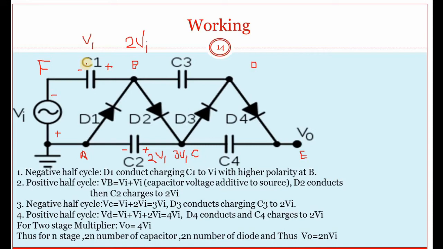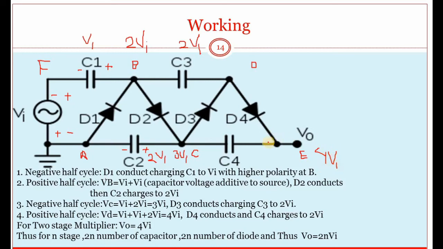Now in the next positive half cycle, the supply is Vi, the voltage across C1 will also be Vi, and the voltage across C3 is 2Vi, hence the voltage at point D will be the sum of Vi, Vi and 2Vi, that is 4Vi. Hence 4Vi will appear at point E, that is the output will appear as 4Vi.